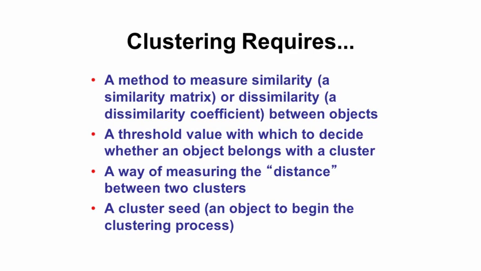It's a member of the cluster or it's not. We also have to have a defined measure of the distance between clusters. And typically we have to start with a cluster seed. So typically if you're sorting laundry, you will grab into this basket of colored socks and pull out one. And then you'll start looking to see if you can find something that's similar to it. So that is the seed to your clustering process.